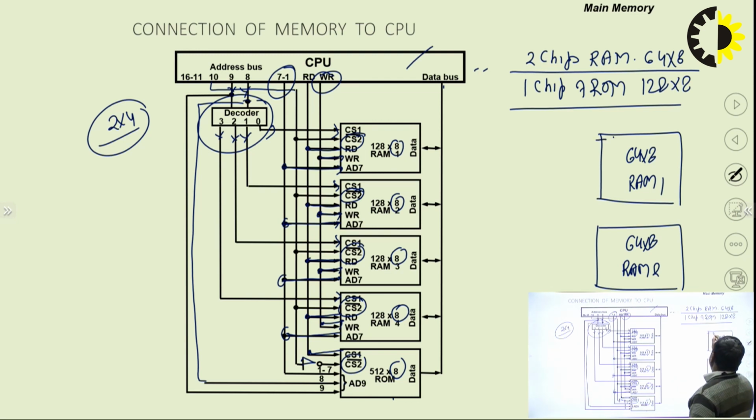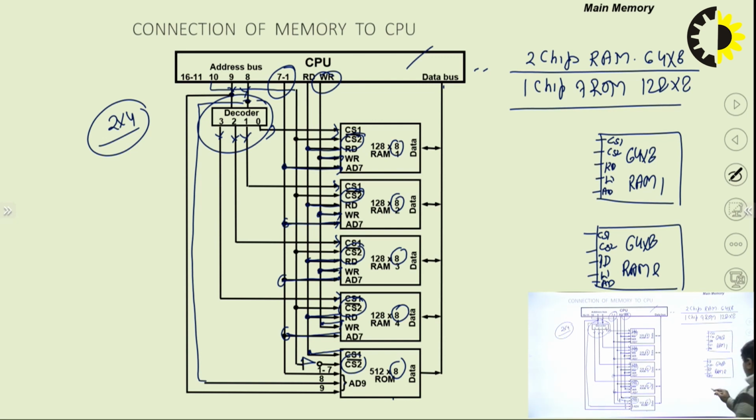So now connect this: CS1, CS2, read, write. Similarly, the same functions are available in RAM chip 2, that is CS1, CS2, read, write and address.